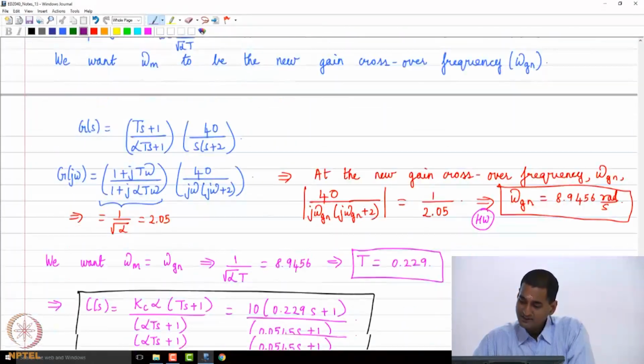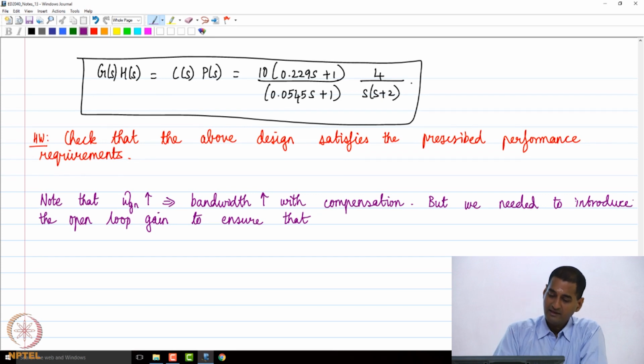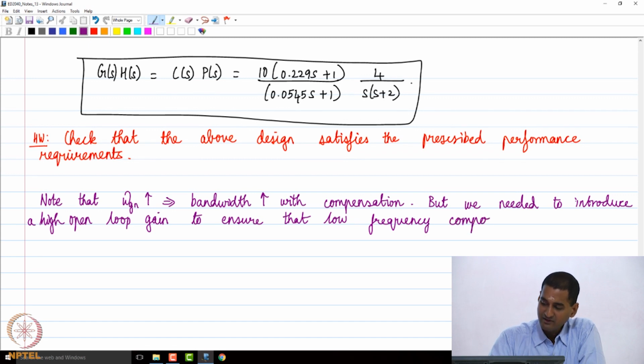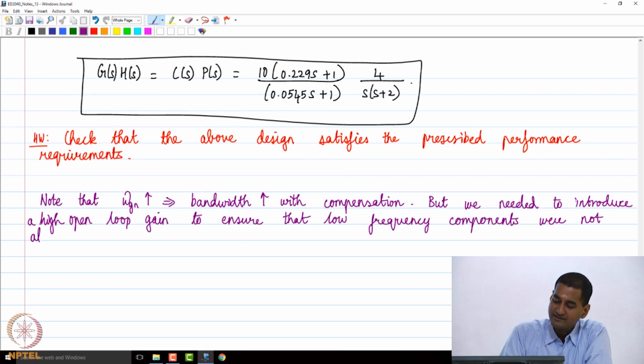So we needed to introduce a high open loop gain to ensure that low frequency components were not attenuated. But what is the flip side? That is why we calculated k to be 10, if you recall, the first step.